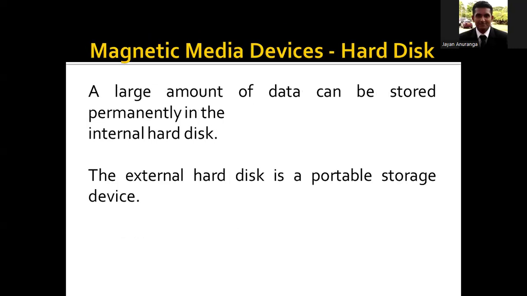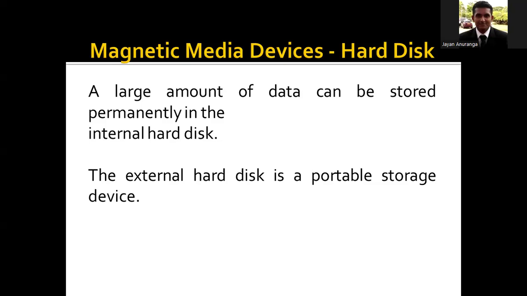A large amount of data can be stored permanently in the internal hard disks. There are many storage devices inside the computer, that can be RAM, ROM, or hard disks. But the main place to permanently store a large amount of data is the hard disk.